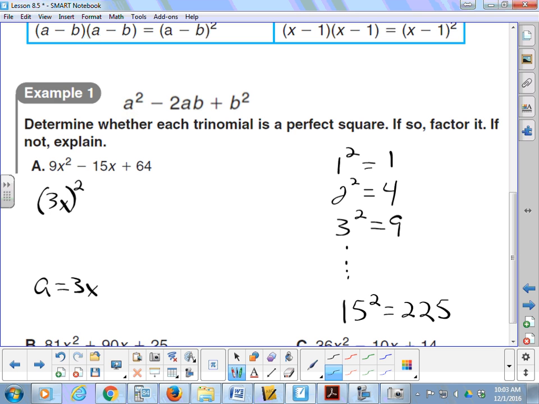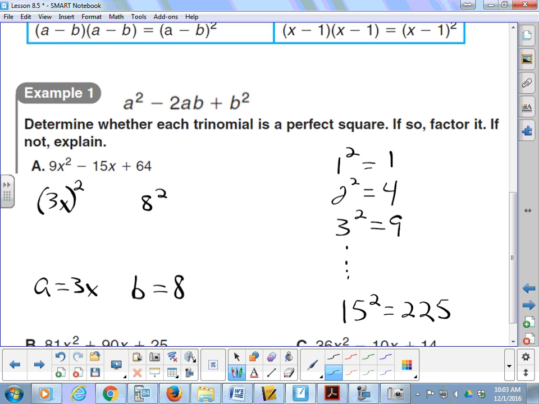I'm going to write that down a little bit lower to help me with this. Now 64, the third term. Is that a perfect square? If I look at my list of squares, yes, 64 is on there. That's 8 squared. So that means that b is equal to 8.